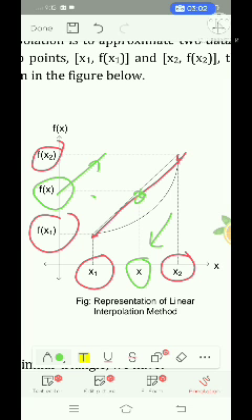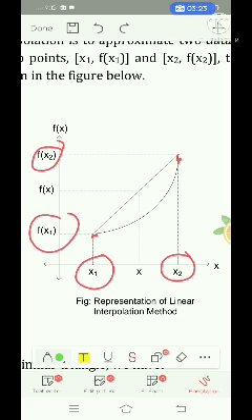Like I said, this method gives an approximate value just by the usage of a straight line. So how can we do that? Based on our given points, which are x1, f(x1) and x2, f(x2), we will first make an equation out of it.